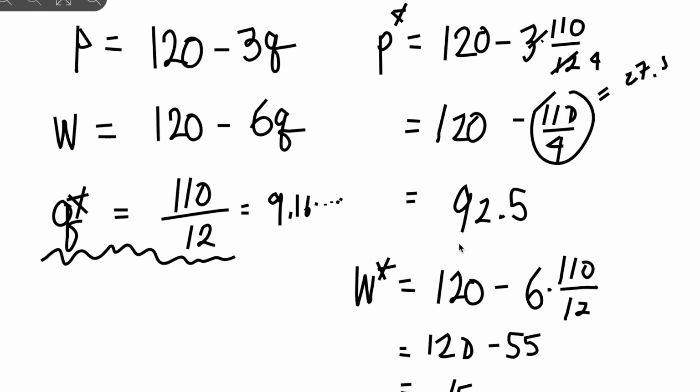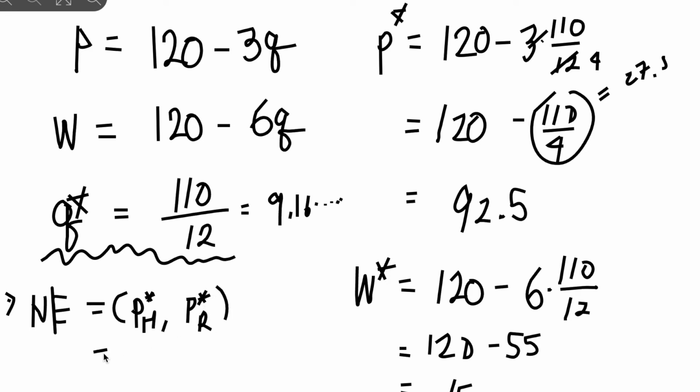So we can get the solution: what is the Nash equilibrium in this game? It's about the price of the manufacturer star and the price of the retailer star, right? So what is the price of the manufacturer? That is W, right?